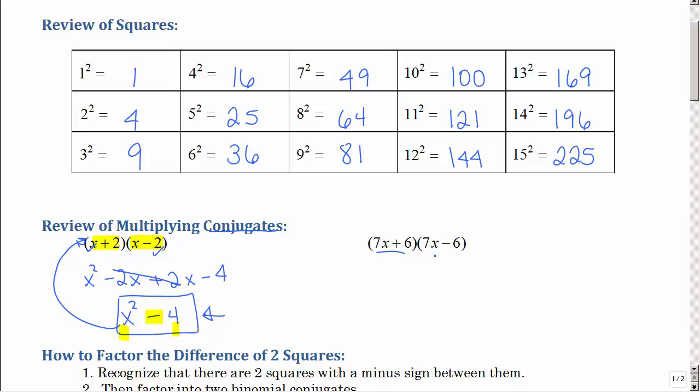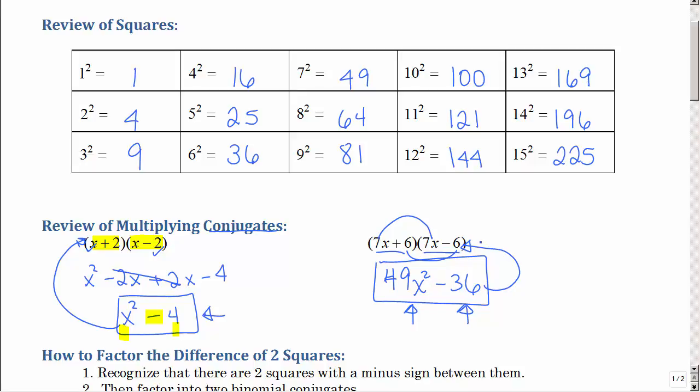Alright, so if I multiply this, let's do it the fast way. We would multiply the first one, so 7 times 7 is 49, and we'd have x squared. Then we'd have minus 36. So again, we have the difference of two squares, a minus sign, and then two perfect squares. And that came from multiplying conjugates.